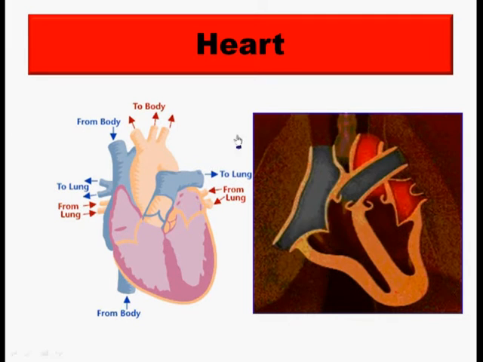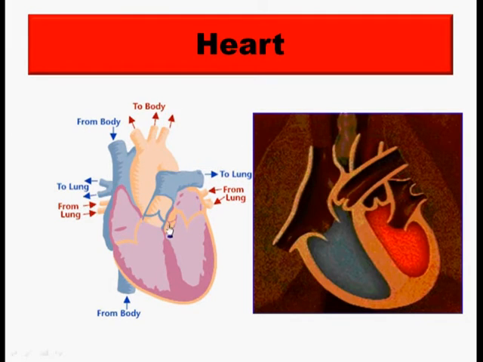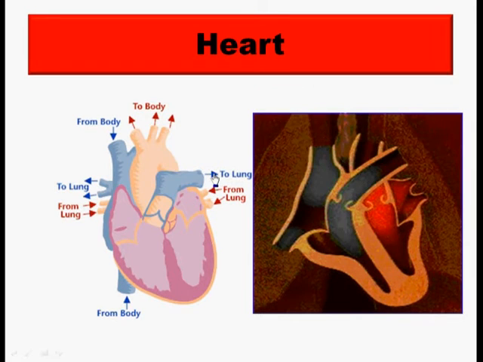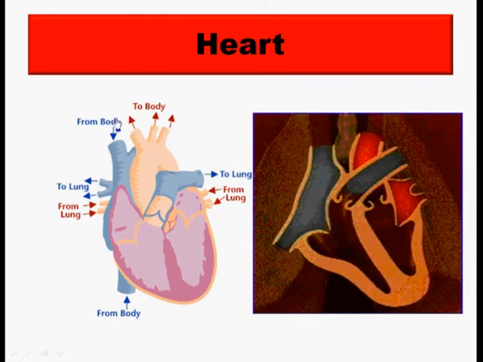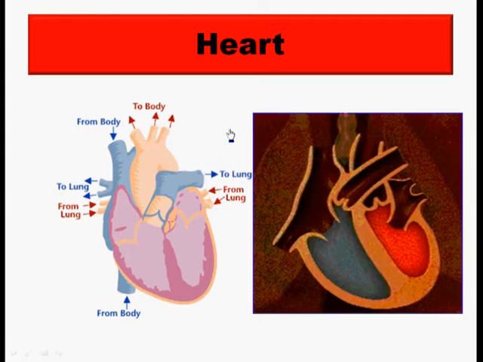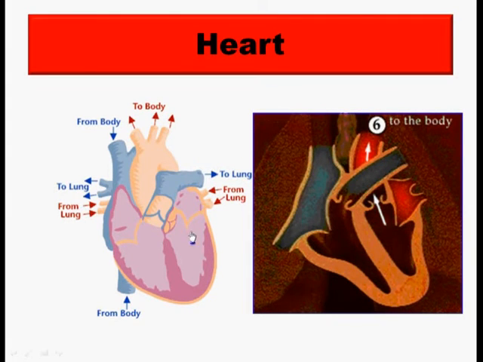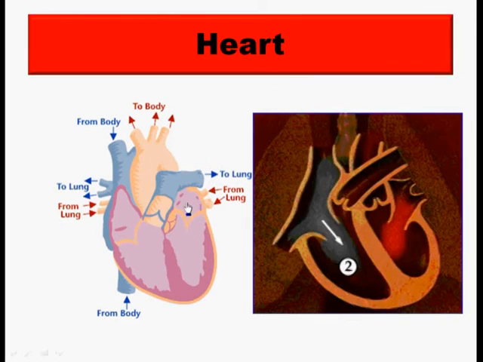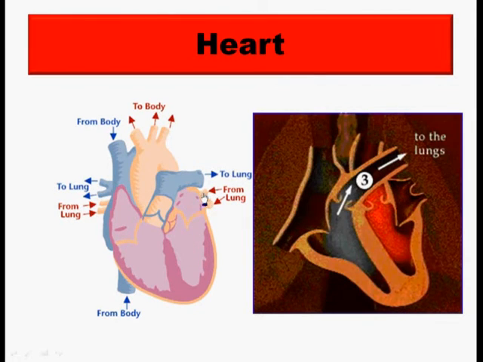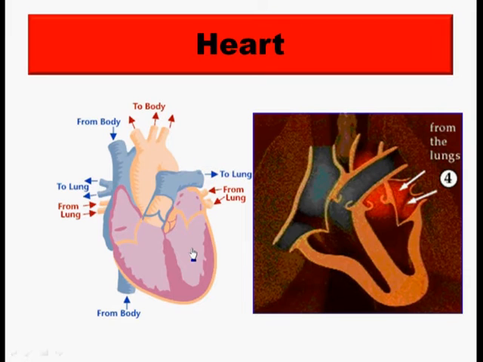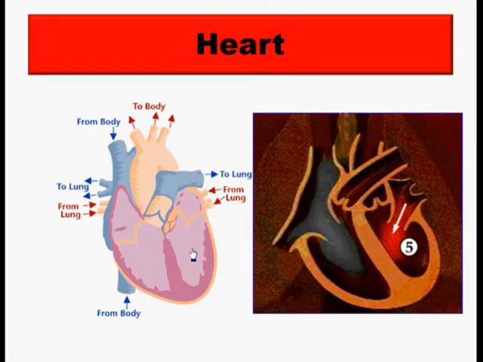All right, now if you notice, these arrows are indicating the flow of blood to and fro different places. Now, as you have seen before, some red objects were flowing inside here, the heart.